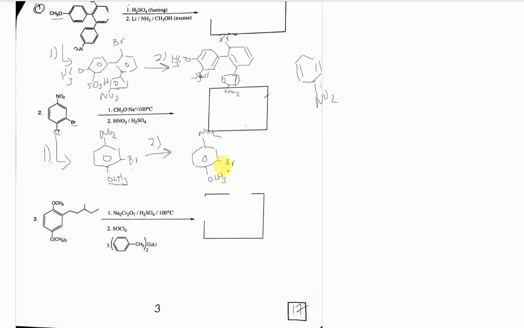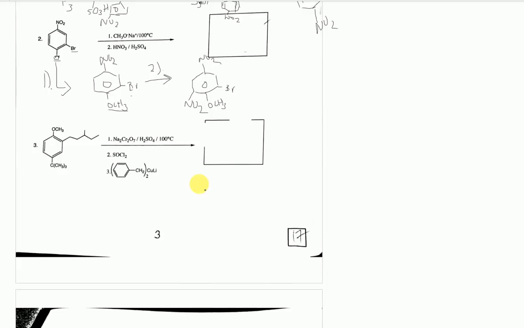So I just do ortho. I only have ortho, it's ortho-para directing. The para is blocked. This is ortho blocked. And so this is the only position. So I'm going to add an NO2 group there. And that's the answer for that one. Okay.